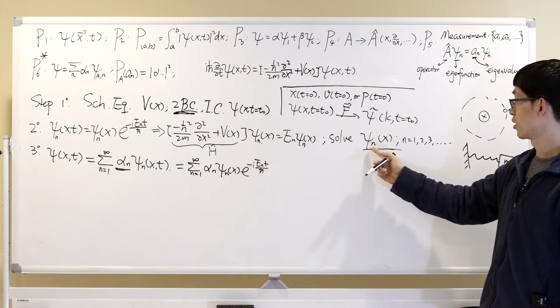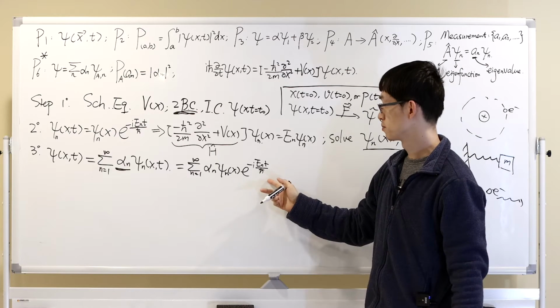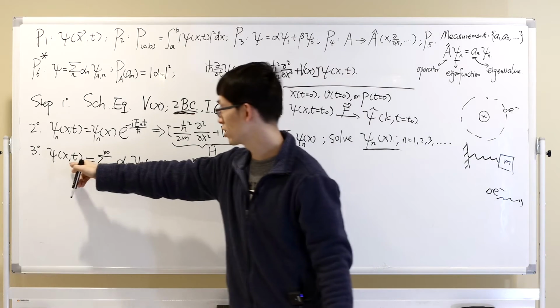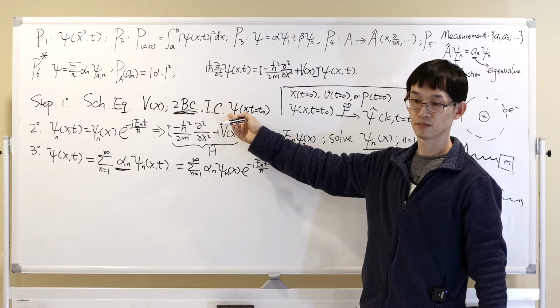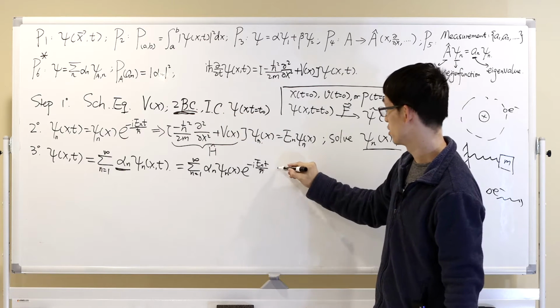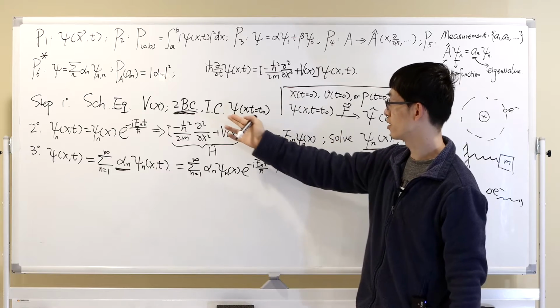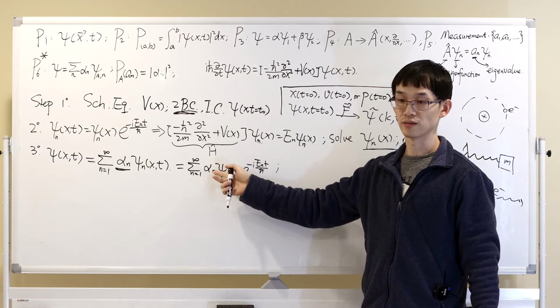That's why you usually have integer numbers. So what you can anticipate is that this function now has t, and we haven't used the initial condition yet, right? So intuitively, the next step is to use the initial condition to figure out what the alpha n are.